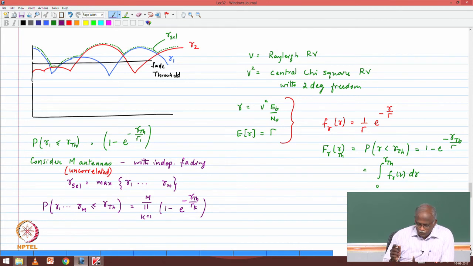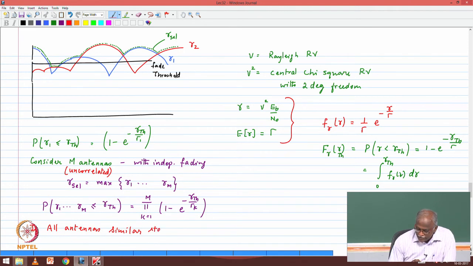Okay. Just one more step and we start to get some very, very interesting results. The interesting results start to emerge here with the first assumption, where we say that if all antennas are equally strong or they have similar statistics, another way of saying it is they are equally strong.